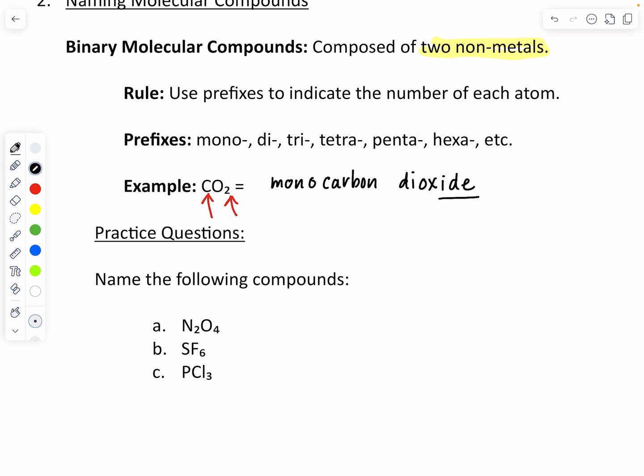Again, we have the ending IDE. Now, I want you to know this important rule. We don't use the prefix mono except in a special case, which I'll talk about later. So this molecule, we ignore the mono and we call it carbon dioxide.